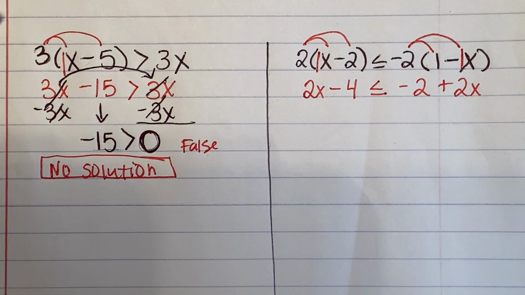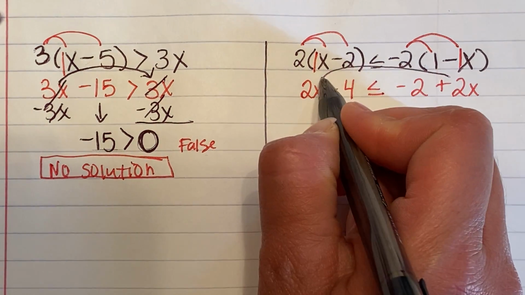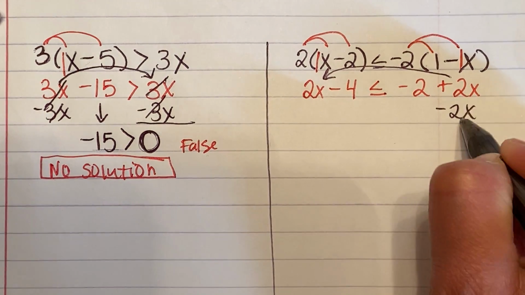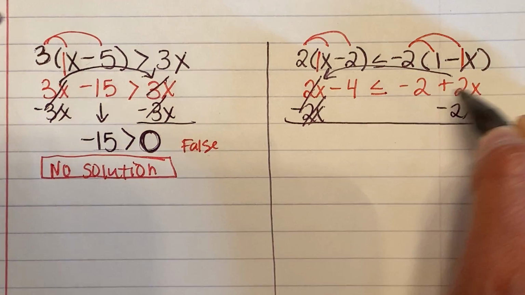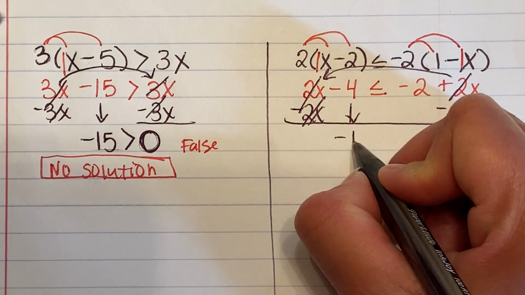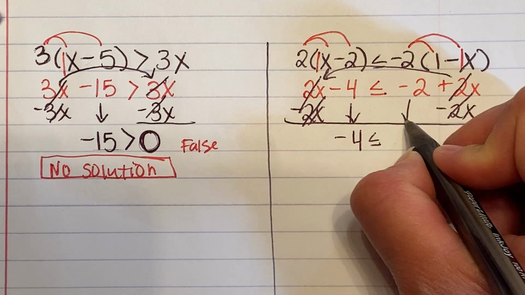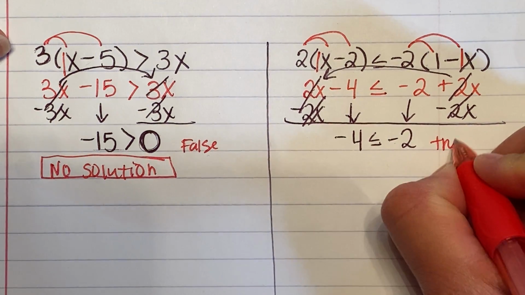So now again, I'm going to move my variables to one side. I'm going to move this positive 2x to the left by subtracting 2x from each side. When I do that, both of my variables will cancel on each side, but I need to figure out what I'm left with. Negative 4 is less than or equal to negative 2. Well, yeah, negative 4 is less than negative 2. That is a true statement.